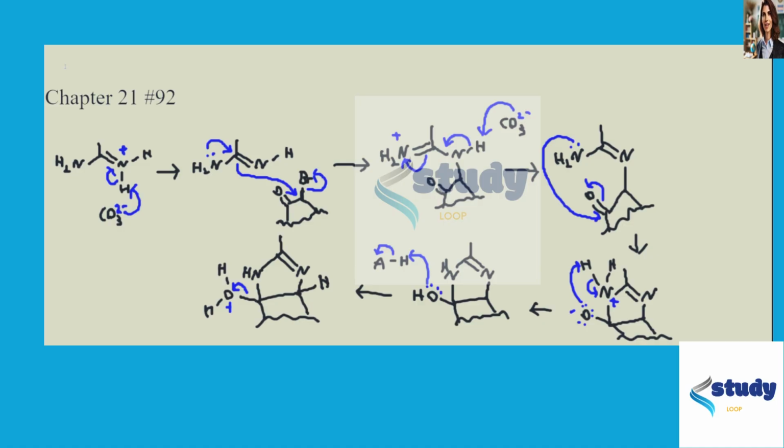And at the same time that that is going on, we can use more carbonate ion here to grab that hydrogen, and those electrons can go to form the double bond there as that water is leaving. And so that is going to get us to our final product.